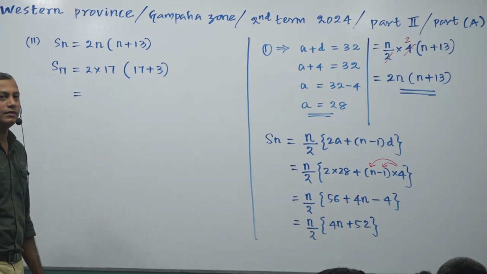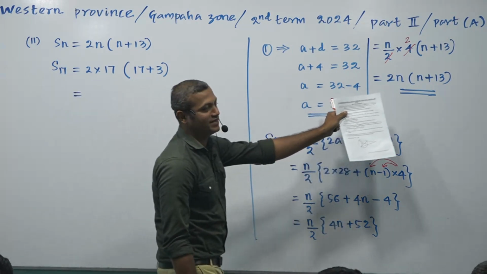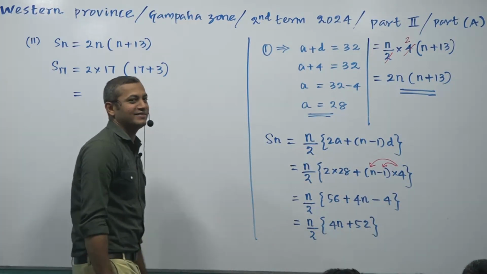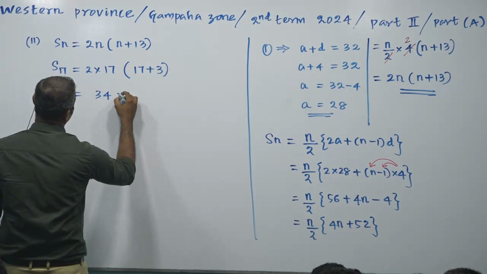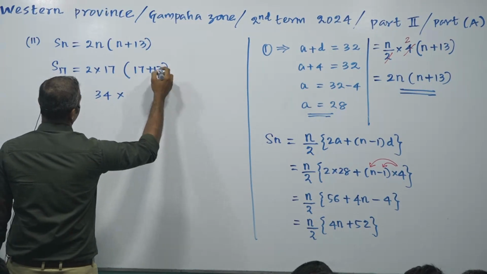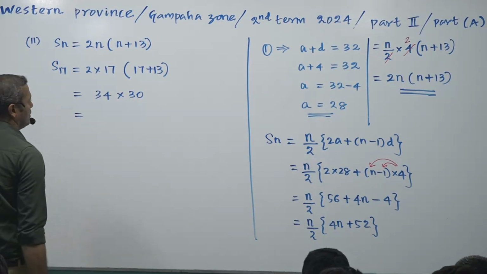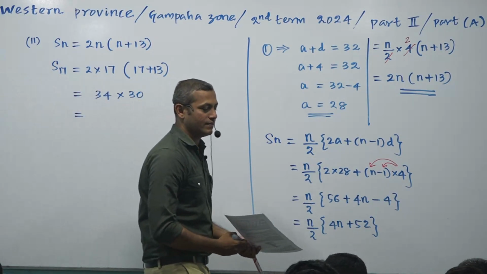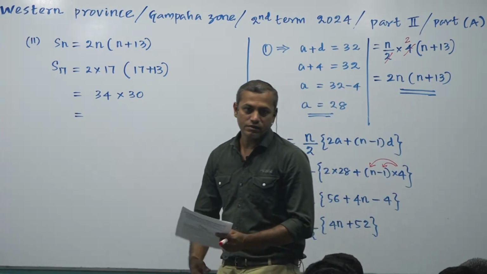You can just use this result, substitute the value and find the answer. 2 into 17, 34, and 17 plus 13, how much? 30. 34 into 30. What is the answer? 1020.